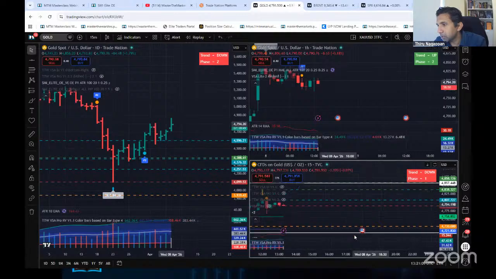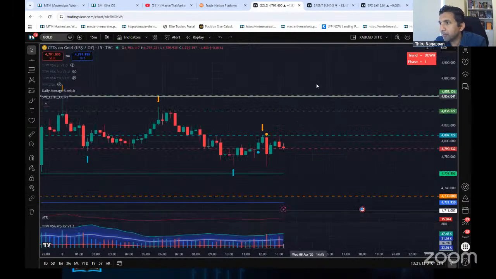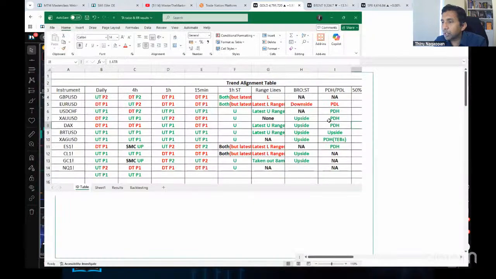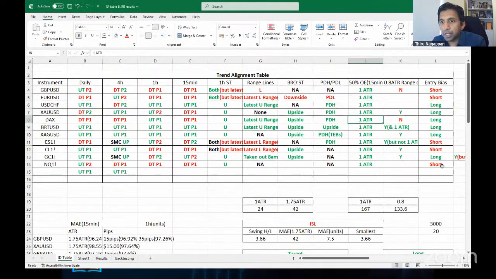So now let's have a timing. When do we want to get into this trade, right? If you take a look at what I've got on this table, which I've done a video on as well, you see on gold here, I'll just put a yellow point over here.